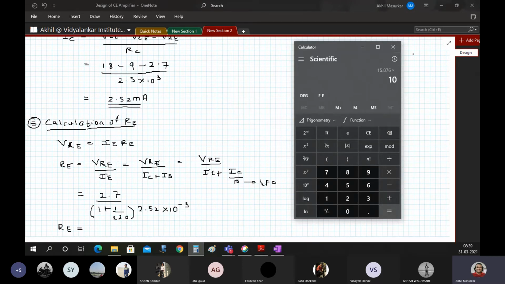So that will be 2.7 divided by 2.52 into 10 raised to minus 3 into 1 plus 1 upon 220.